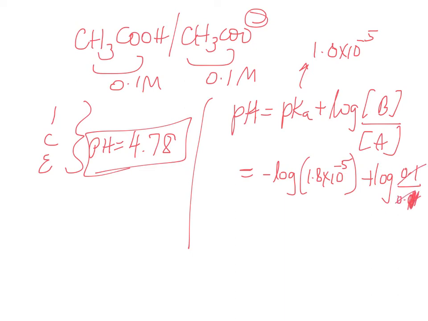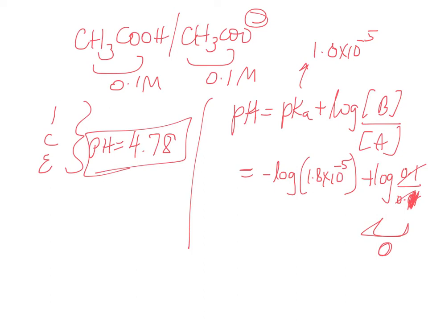Both of those are going to cancel off, so that's not going to actually count. That's going to be log of 1, which is basically 0. So all you got to do is get the negative log of 1.8 times 10 to the negative fifth, and that should give you your overall answer. So on my calculator, I am determining minus.